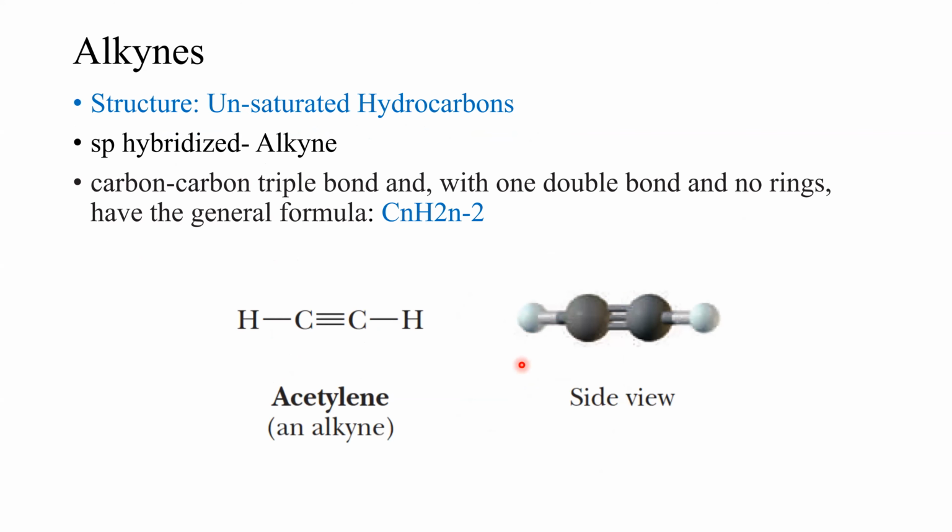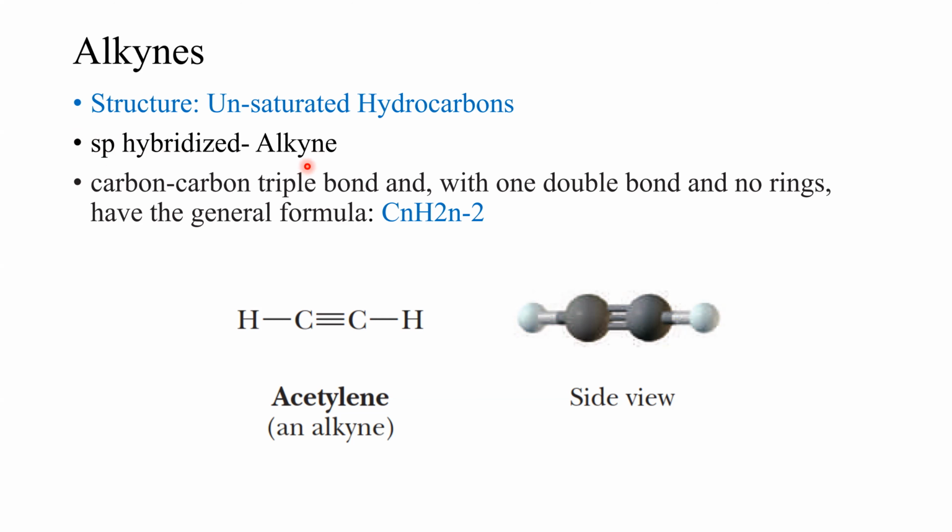So if we compare the alkynes with alkenes, alkynes have a triple bond between the two carbons. There is one sigma and there are two pi bonds. This is sp hybridization, and the steric number of sp hybridization is 2, because with the mixing of one s orbital and one p orbital, we get two sp hybridized orbitals.